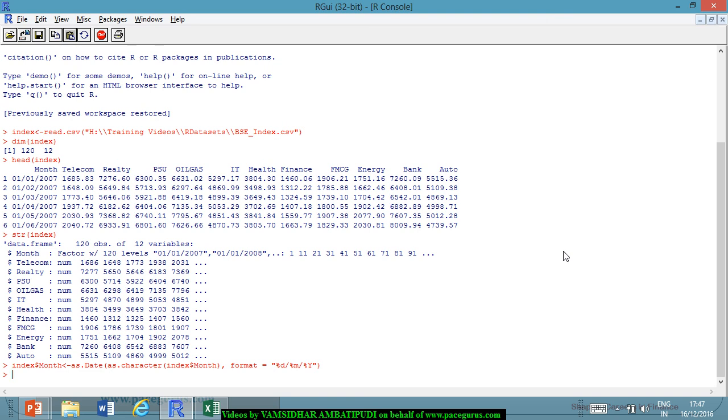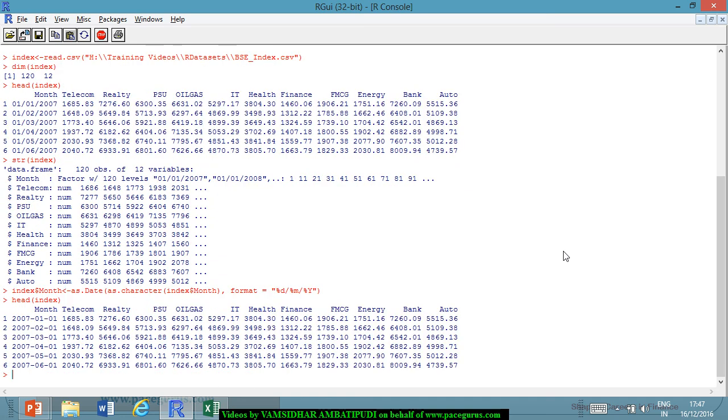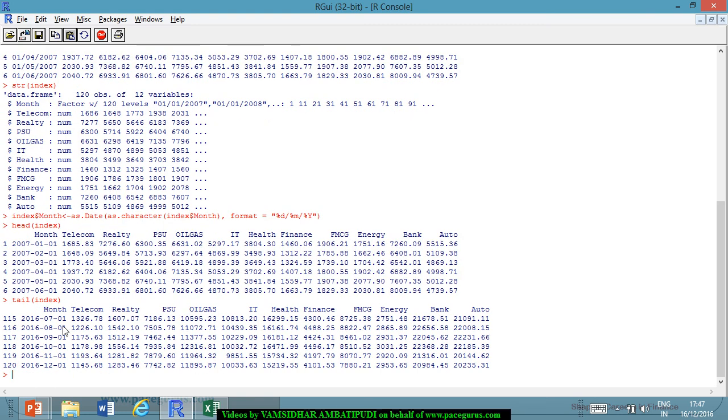Now let me just quickly check what is the head associated with index. Now I see that it got converted into an R understandable date. So I see 2007-01-01. This is year hyphen month hyphen date. Even if I look at the tail, which is the end data, I am seeing 2016-07-01.